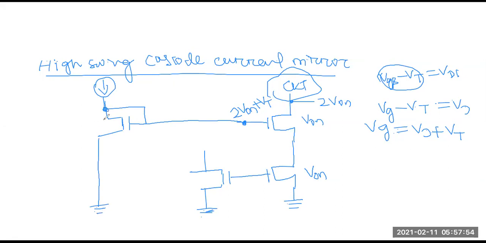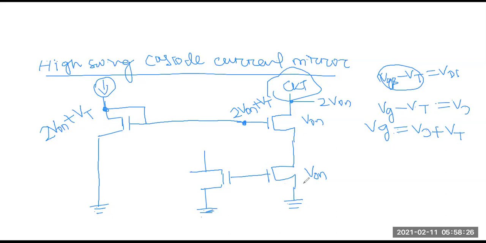So this voltage will be what? 2 V on plus Vt. You can generate this, because we have some current and the W/L sizing in our hand. So instead of V on plus Vt, we can generate 2 V on plus Vt also. If we can generate this voltage and give it here, then our problem will be solved.